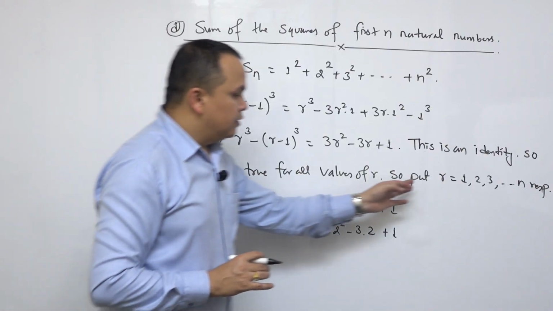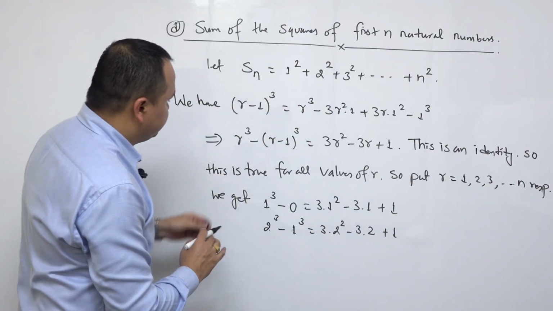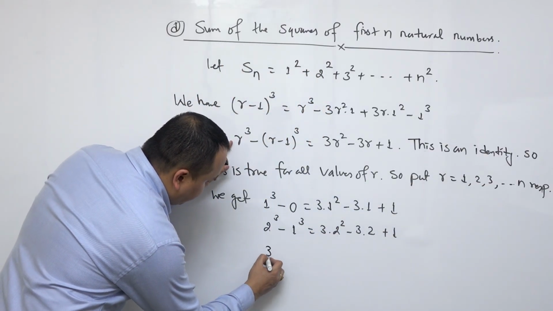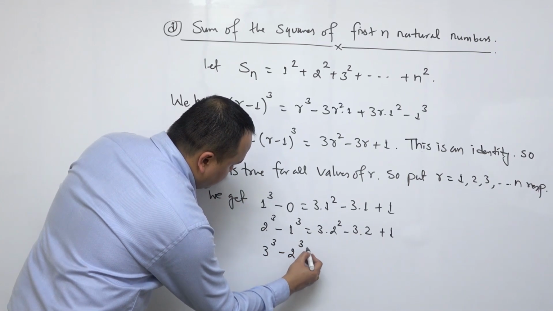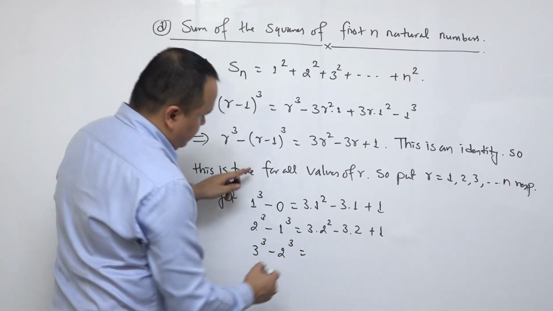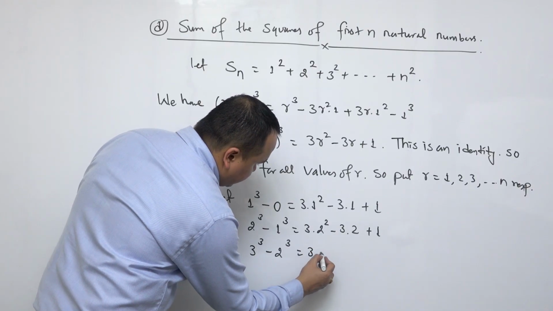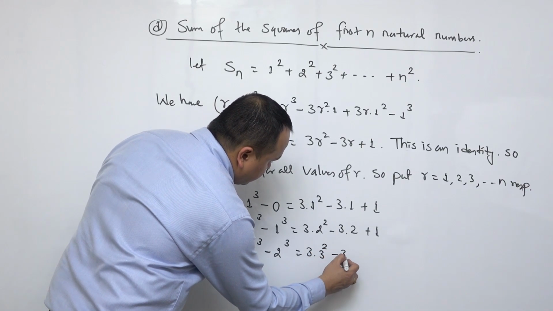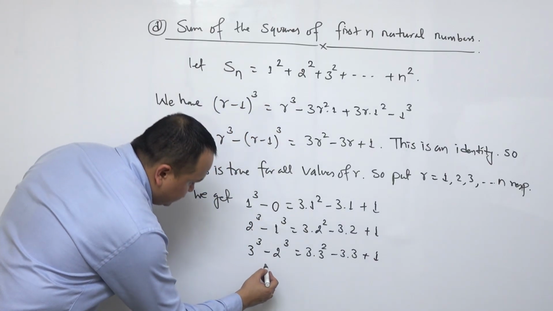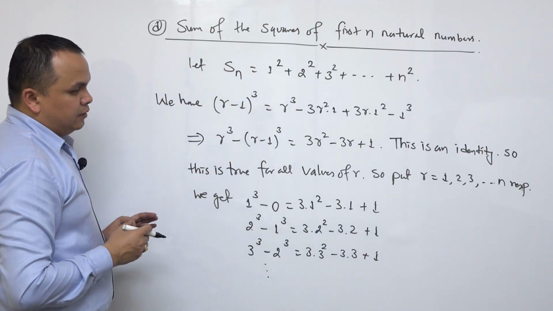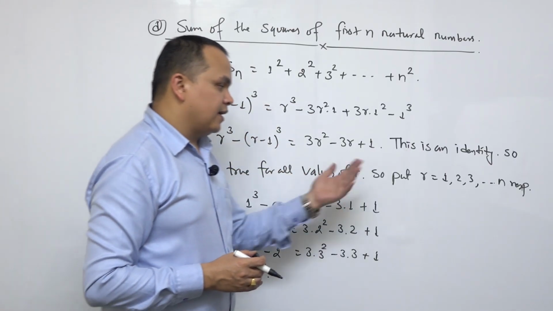Similarly, if r is 3, then 3 cube minus 2 cube is equal to 3 into 3 square minus 3 into 3 plus 1. To continue, we put 4, 5, 6 and so on.